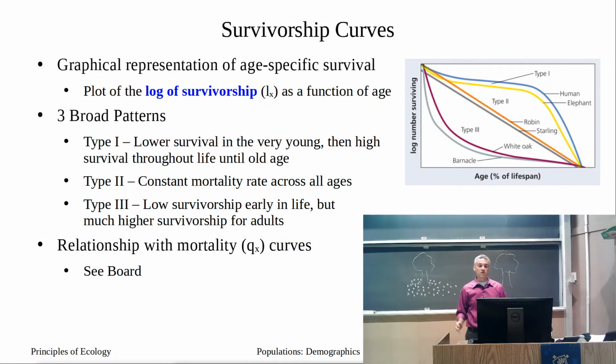So you see lower survivorship in the very young, but as soon as they get past that early susceptible stage, then we have high survival, indicated by more of a flat line. We have high survival all the way up through our teenage years, the 20s and 30s, our main reproductive years. Middle age is still rather high. And then once we get up to the 50s, 60s, 70s, it starts dropping off because we're reaching the end of our lifespan.